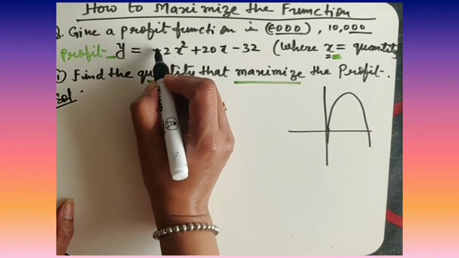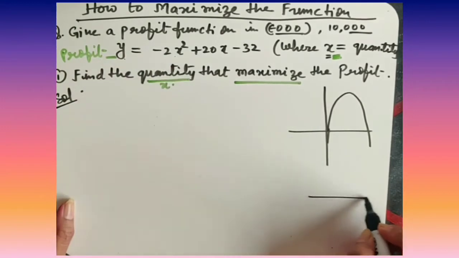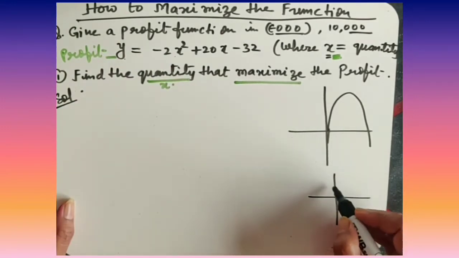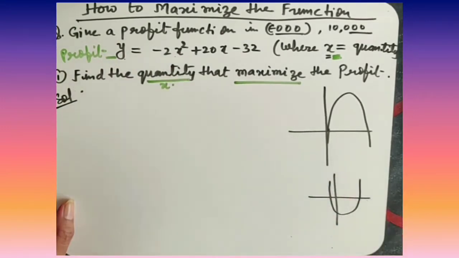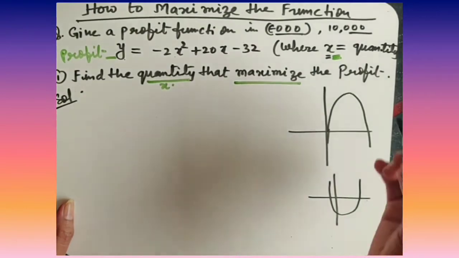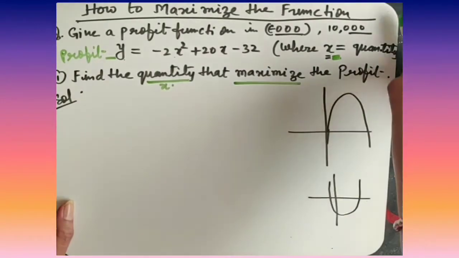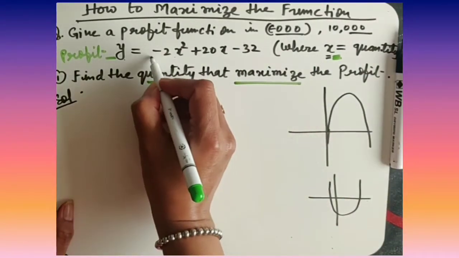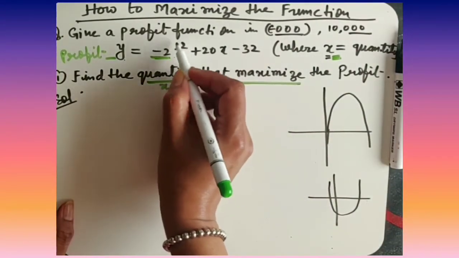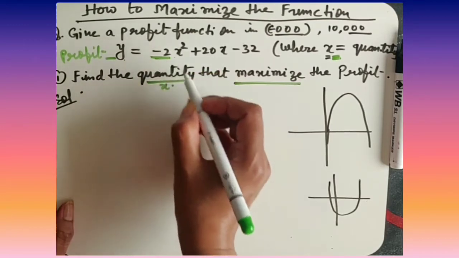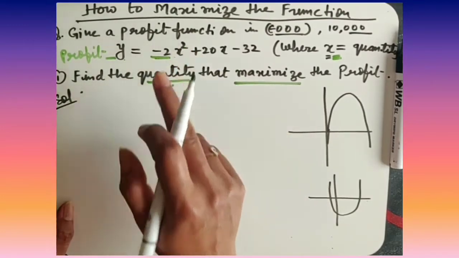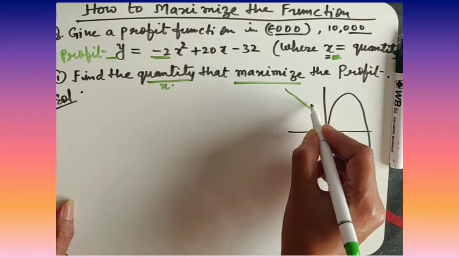If you have a positive value, the function will be u-shaped. Clearly here the coefficient of the highest power, which is x square, is negative. So for this function, we will have this graph.